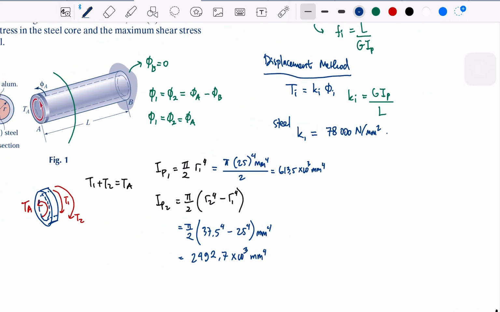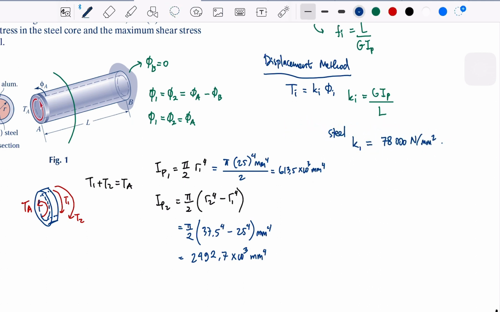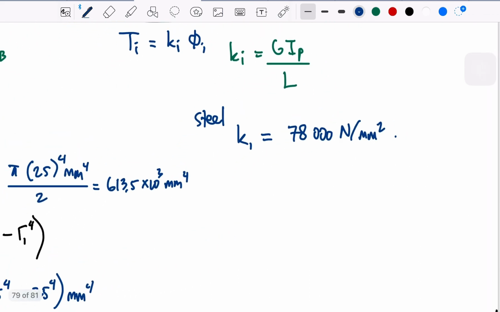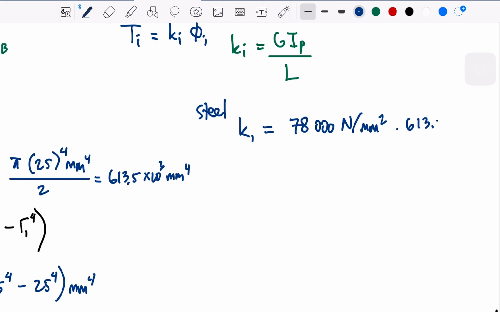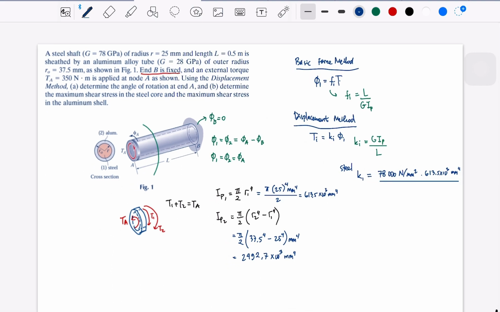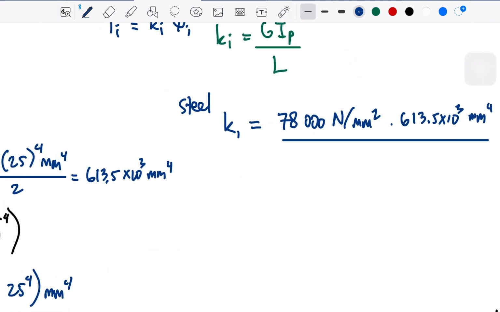Now using that equation to calculate K1, multiply with 600,000 and divide by L. L is 0.5 meter, so it's going to be 500 millimeter.